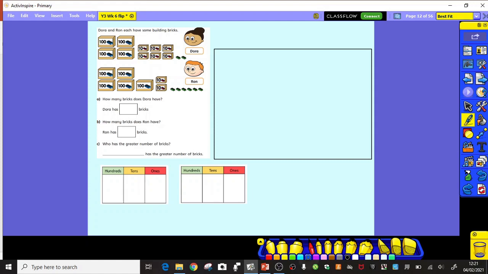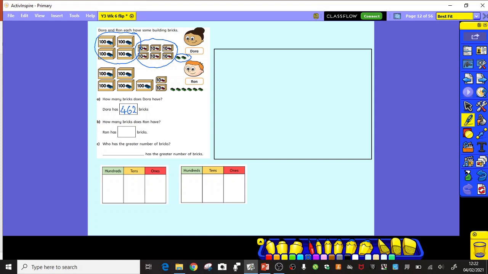So if we have a look, we can see that there are, how many hundred there? 400. Count up the tens. There is 6 lots of tens. And then count up the ones. 2 ones. So Dora has 462 bricks.